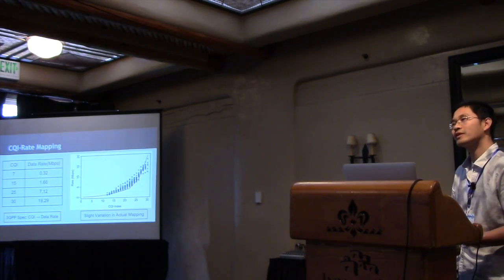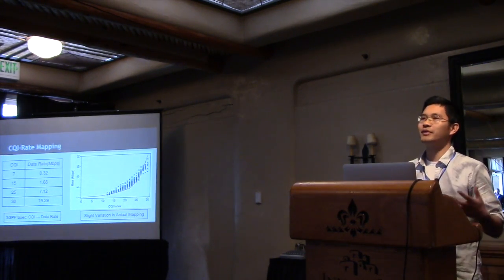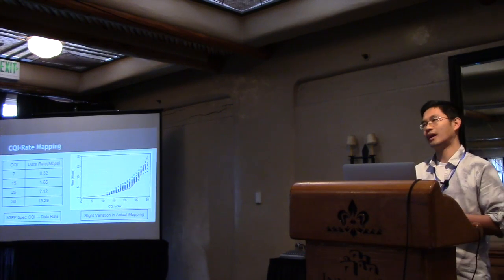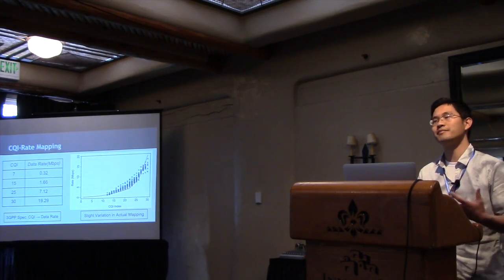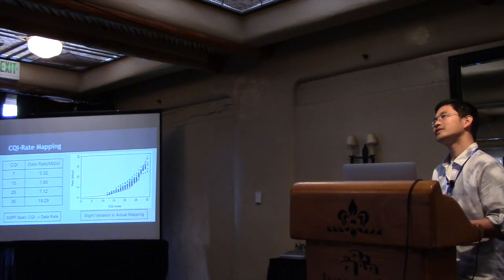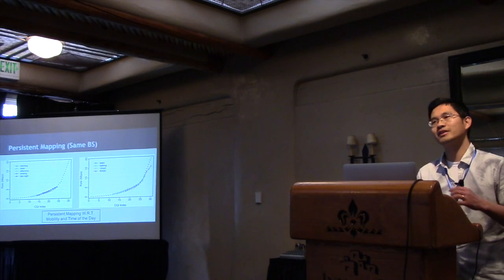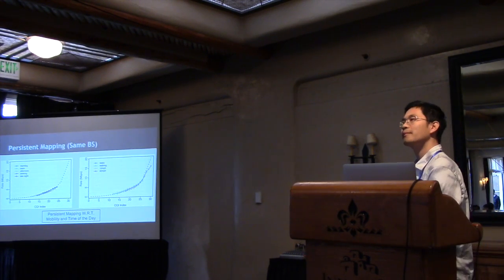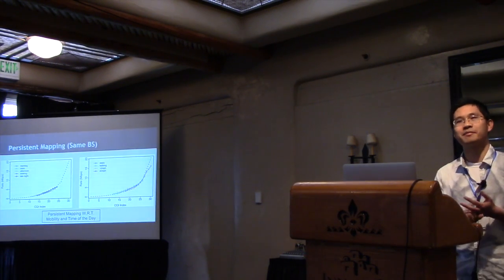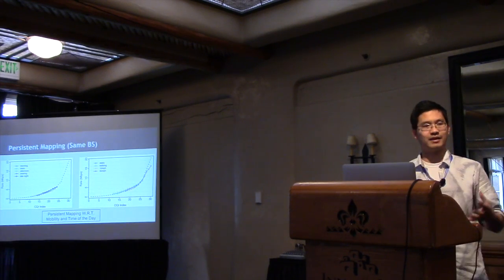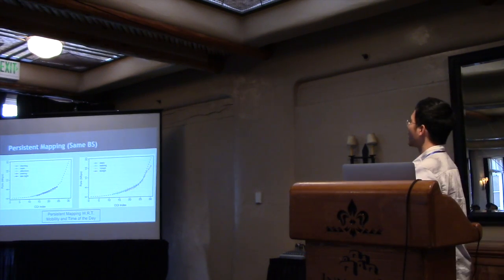Perhaps a more important question here is, even if we have a CQI to rate mapping for some base station, whether that mapping relation is going to persist throughout the day with different mobility patterns. So we repeat the same experiment by fixing a particular base station.